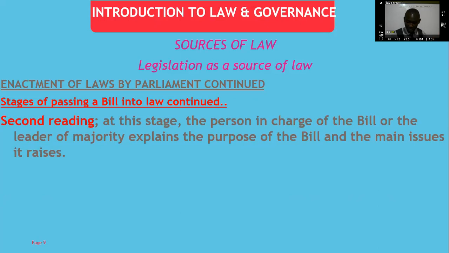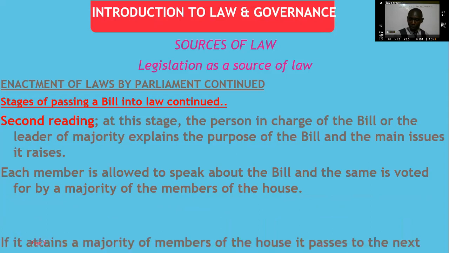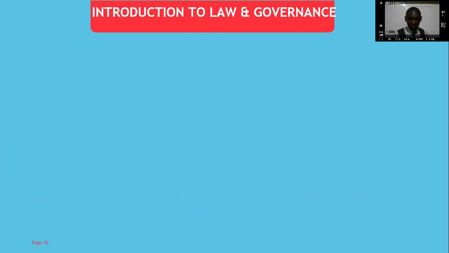From the second reading, the bill goes into a stage known as the committee stage. At the second reading, each member is allowed to speak, but only once, and they vote by a majority of members of Parliament. If a bill is voted for by a majority of members of Parliament in its favor, it then passes to the report stage.